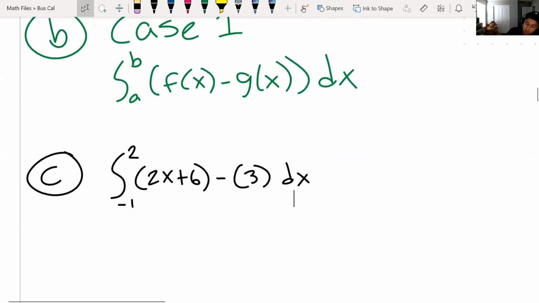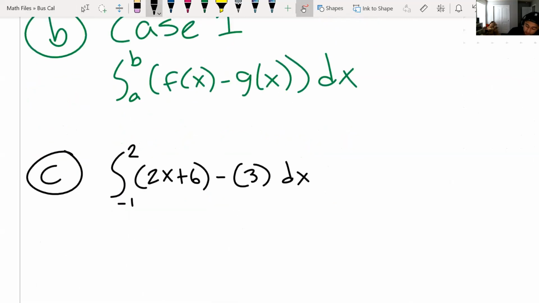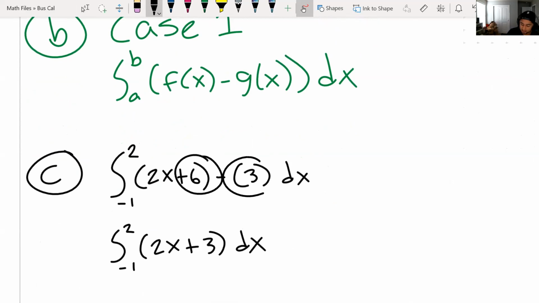Okay? Clean it up, and this becomes the integral from -1 to 2 of 2x plus 3 dx. All I did was add this 6 with that -3.